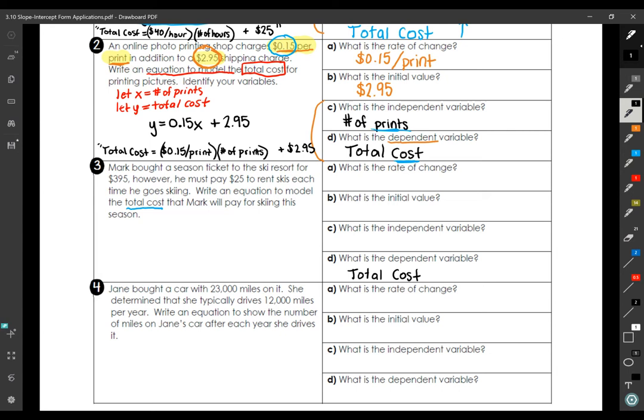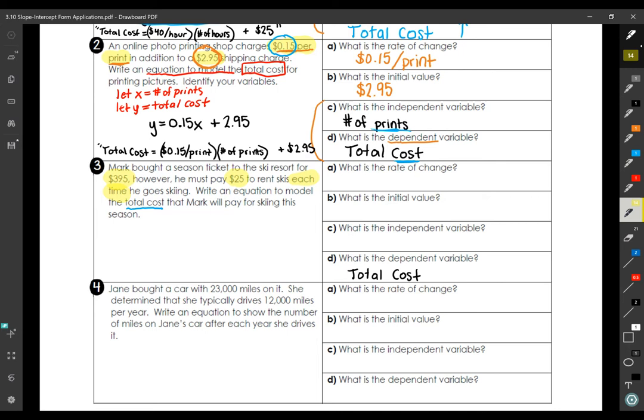Let's read through the question again. He bought a season ticket to the ski resort for $395. Okay, he paid that. He's not getting that money back. In addition, however, he must pay $25 to rent skis each time he goes skiing.